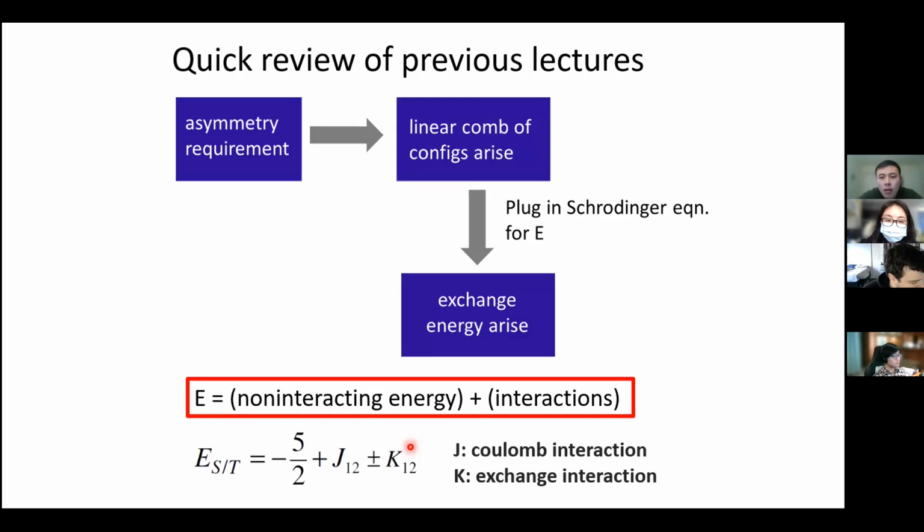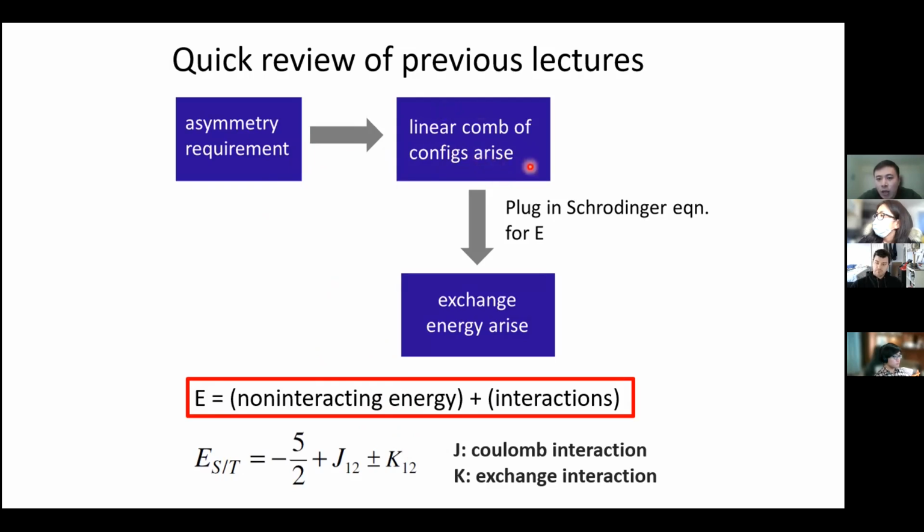Okay. So another point is about exchange energy. And this still originates from the requirement on asymmetry. So the asymmetry requirement for the wave function of electrons, in fact, leads us to construct a linear combination of possible configurations. And that's how the linear combination of configurations arises.